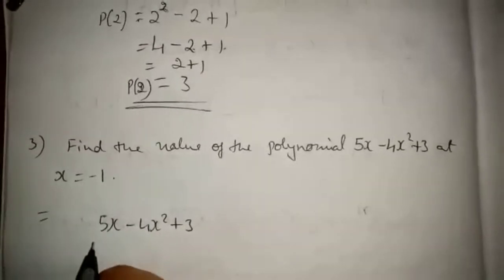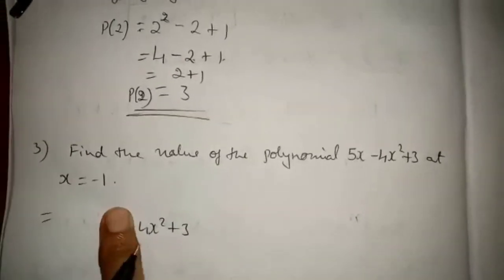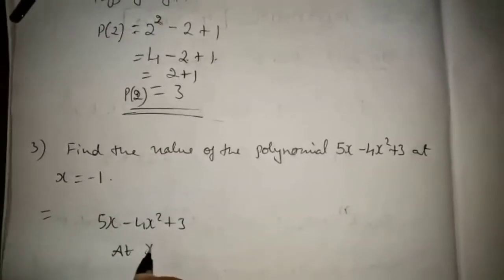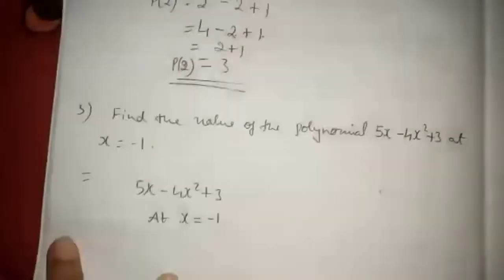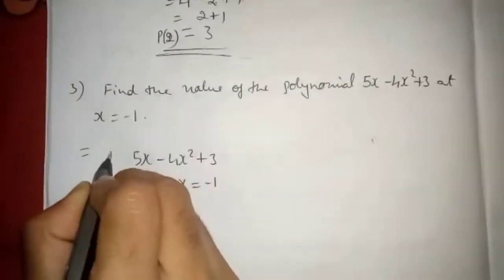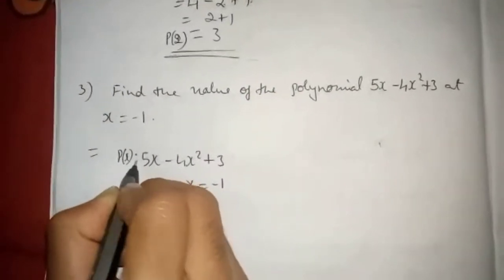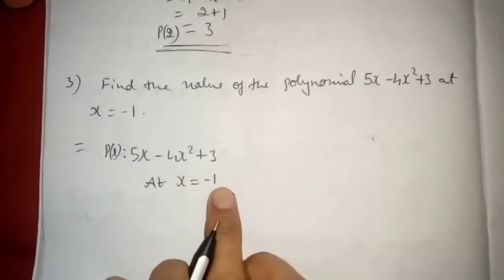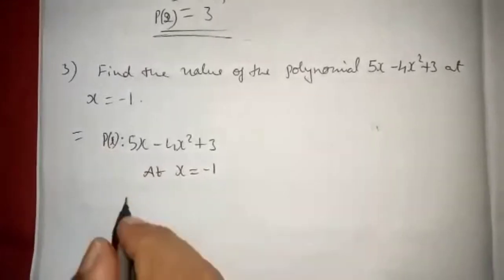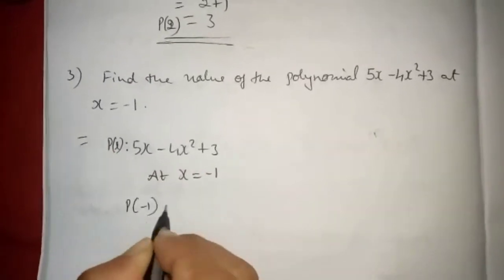So what have they said? Find the value of the polynomial at x equals to minus 1. So this is the given polynomial. Take it as p of x. So at x equals to minus 1, in the place of x you have to substitute minus 1. So you have to find p of minus 1.